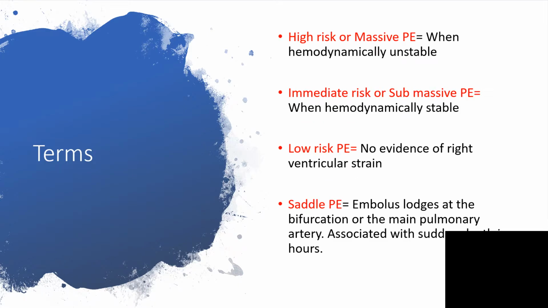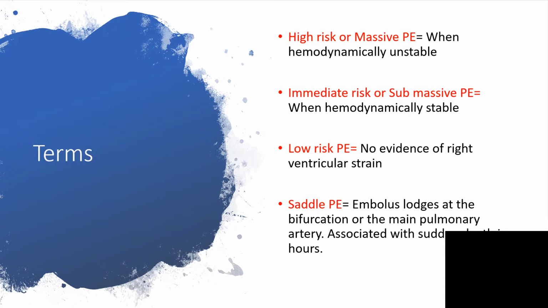If you hear something like high risk or massive pulmonary embolism, then the individual is hemodynamically unstable. But if it is intermediate risk or submassive pulmonary embolism, it means the individual is hemodynamically stable. And when I talk about hemodynamic stability, I think you understand what I'm talking about.